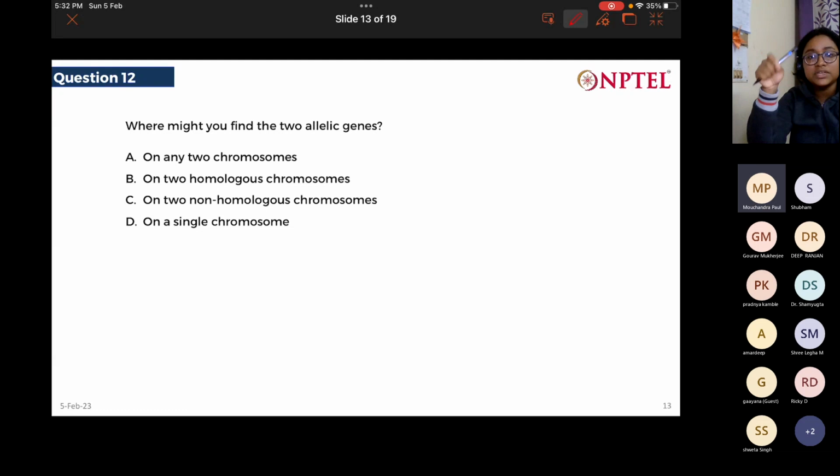The gene which is present in one of the chromosomes of the 22 will be present only on the homologous pair. That is another copy of chromosome 22 that is coming from one of the parents, right? You can understand where the homologous chromosomes are coming from. One is coming from the mother, another from the father. So in this case, the answer is option B.